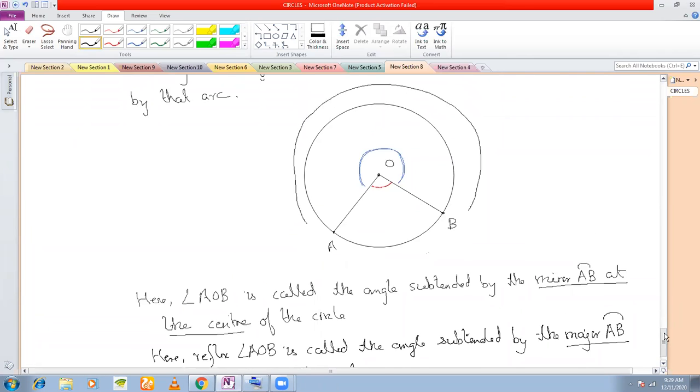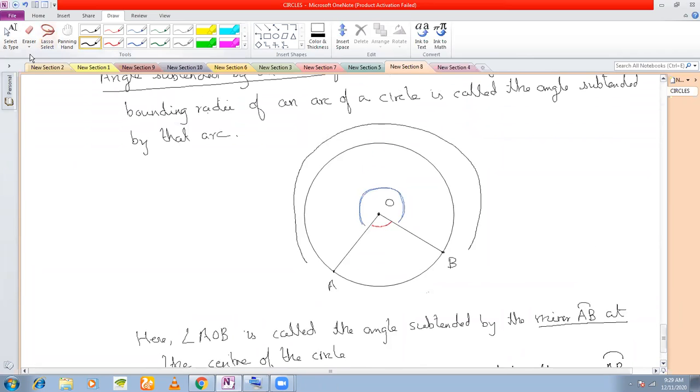Now, not only does an arc subtend an angle at the center, but an arc can also subtend an angle at the circumference. Consider the same arc AB.